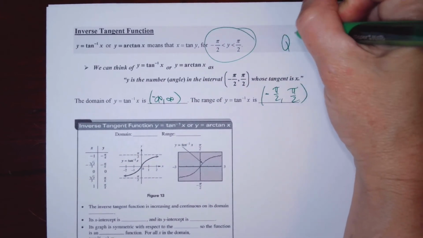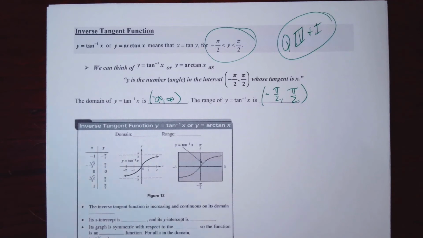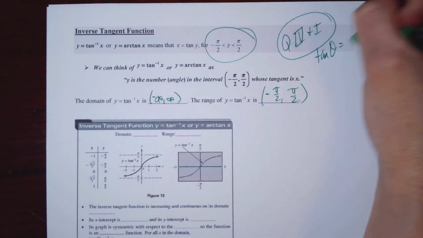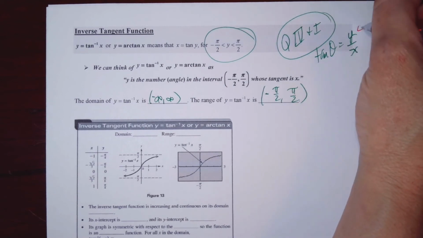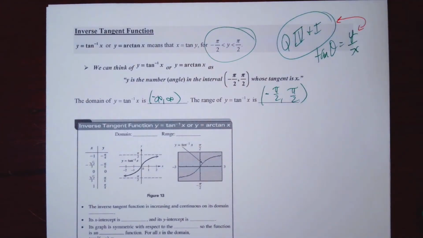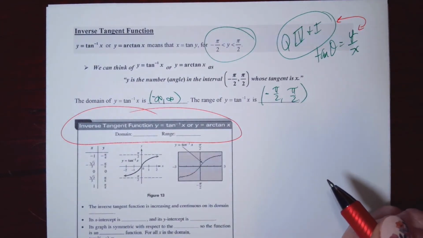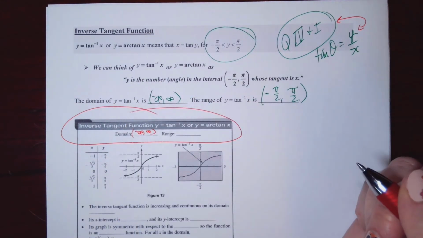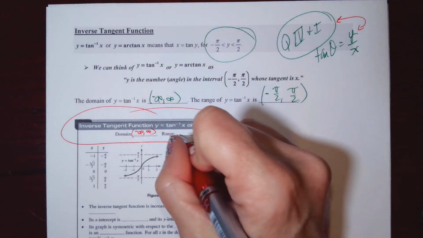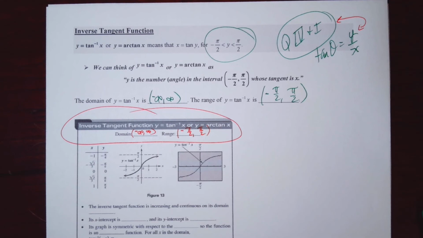My tangent inverse is restricted to quadrants 4 and 1, just like sine inverse, because tangent theta is y over x. So we go with the restrictions that we went with for sine inverse. That's my convention for tangent inverse. Not going to have to graph. You are going to have to know that the domain of your inverse tangent is negative infinity to positive infinity, and the range is negative pi/2 to positive pi/2, not inclusive.